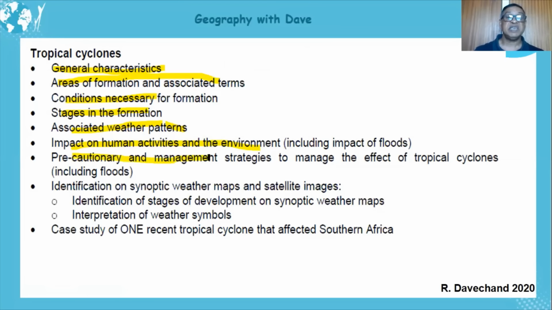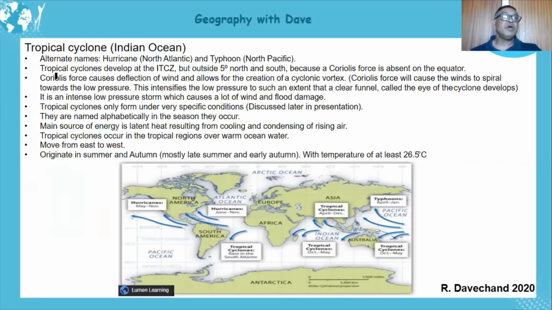Now let us start looking at this. What we need to look at first are the general characteristics of the tropical cyclone. Tropical cyclone is the name given when it takes place in the Indian Ocean.